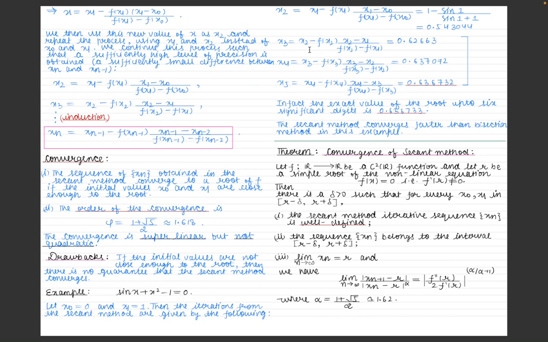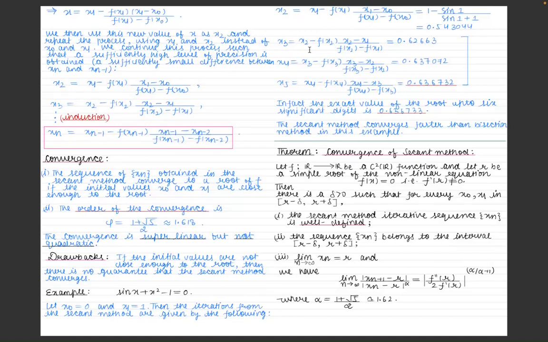that the order of convergence, which is what is the order of convergence? The order of convergence is the limit of mod xn plus 1 minus r upon mod xn minus r to the power alpha, as n goes to infinity.